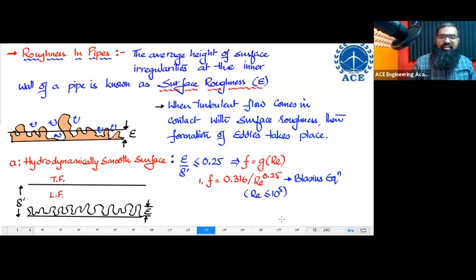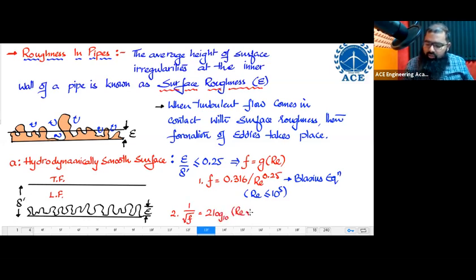If the Reynolds number exceeds 10 power 5, then you have a different formula. The formula for friction factor is given by 1 by root f is equal to 2 log to the base 10 of Re into root f, minus 0.74.